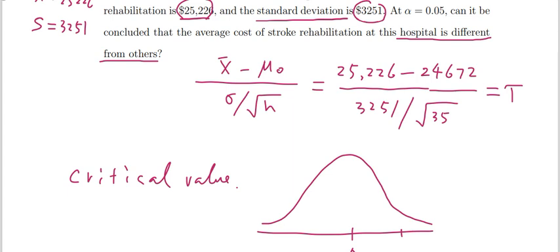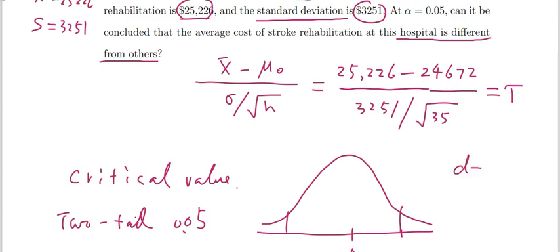Here we should check two tail 0.005, and the degree of freedom is 34.